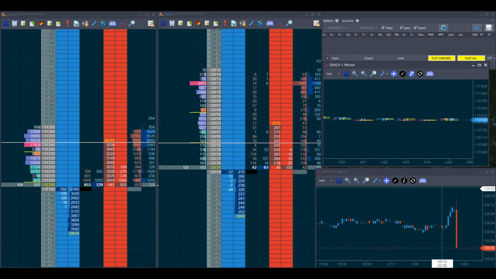In more liquid markets like the ES and the bonds, you can actually see what's happening and look at order flow. Even the guys trading stocks or equities can look at order flow and see whether guys are buying or selling in the market. I hope this helps you guys.